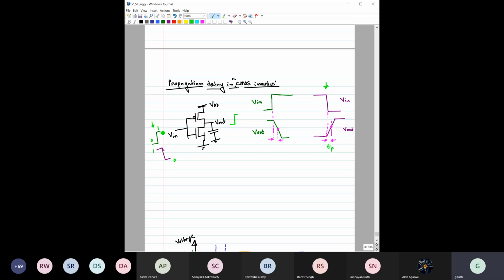Similarly, if you consider the other one, the green one, for this input, the output would be like this. I should have used this color here. So here you have one more delay, right? So this particular delay, when the output is changing from high to low, is called propagation delay TPHL, TP high to low, and this is called TPLH, TP low to high.